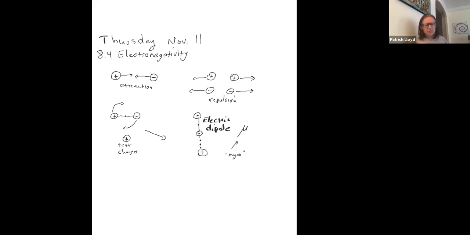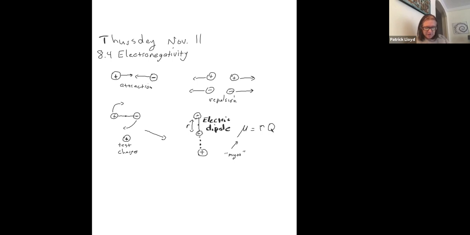It's the same symbol, but this does not mean micro. The electric dipole moment mu is equal to the distance between the charges, I'll call that R, times the magnitude of the charge difference, Q.